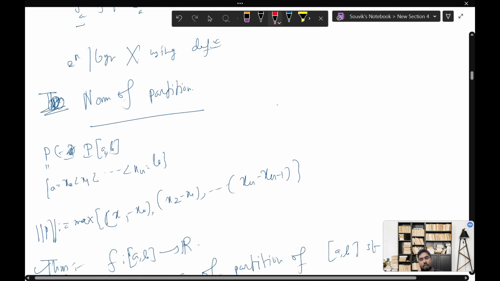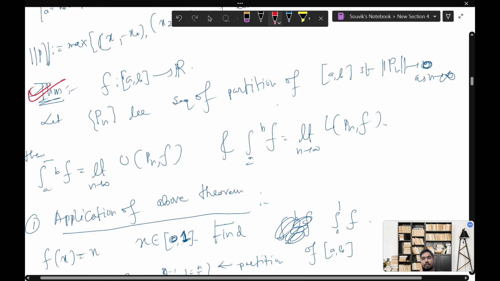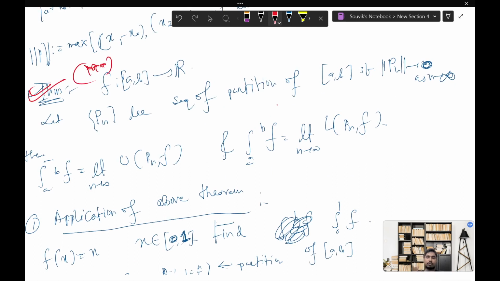Then we introduced normal partitions and one of the most important and useful theorems. You should practice problems using this theorem; it is a very important and useful tool.